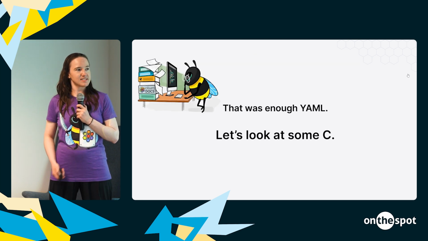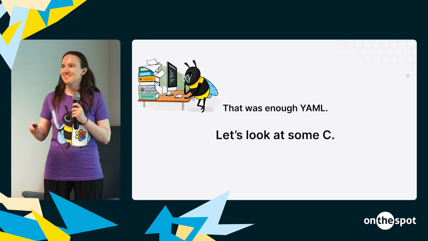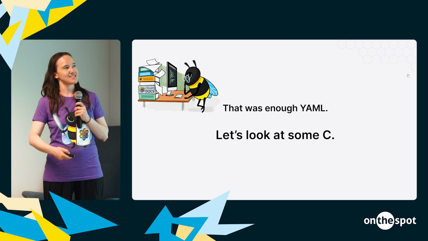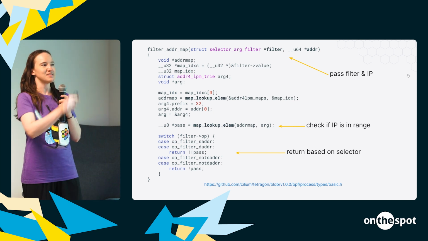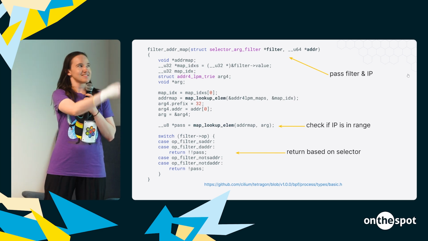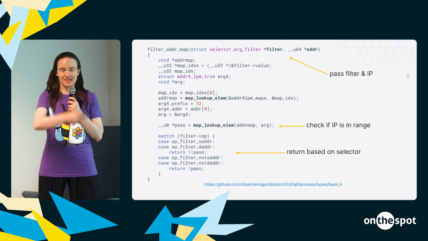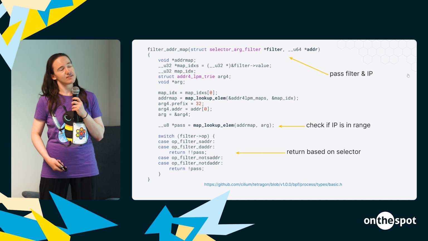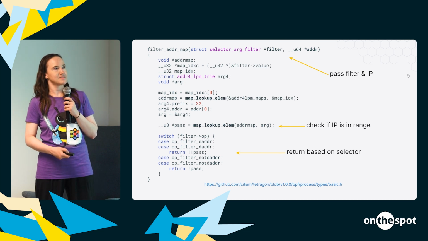Okay, so this was YAML, and just because I like showing C code on slides, I will now show how it's implemented. This is the only slide with C code, so there won't be more of it. But this is the actual BPF code for Tetragon implementing this IP filtering. It's very heavily truncated to fit on the slide, essentially. But this is the code.